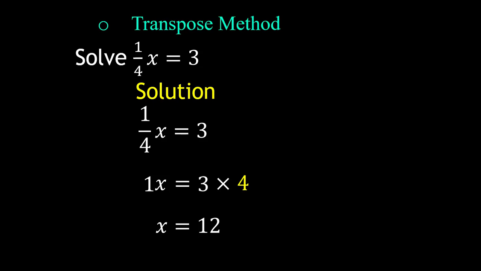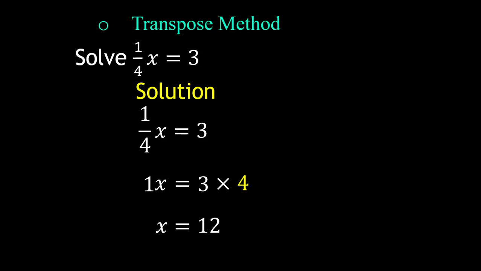So that's basically two examples used in this particular scenario, illustrating the transpose method. Simply put, the transpose method is a shortcut to the balancing method, and sometimes to save time we simply use the transpose method.